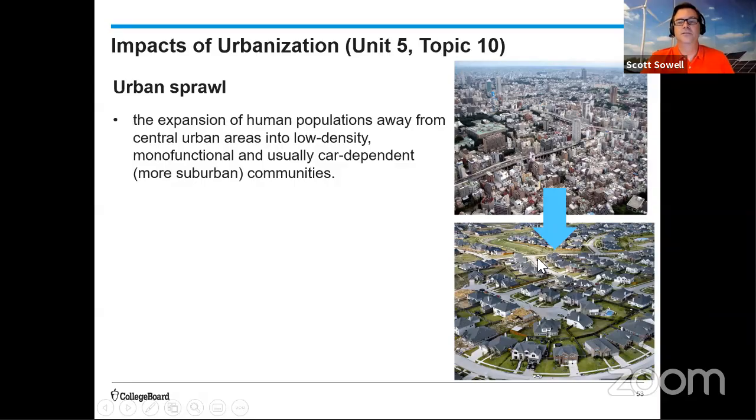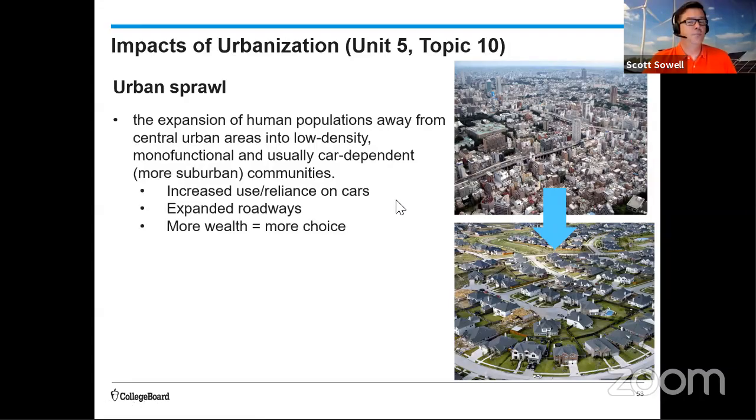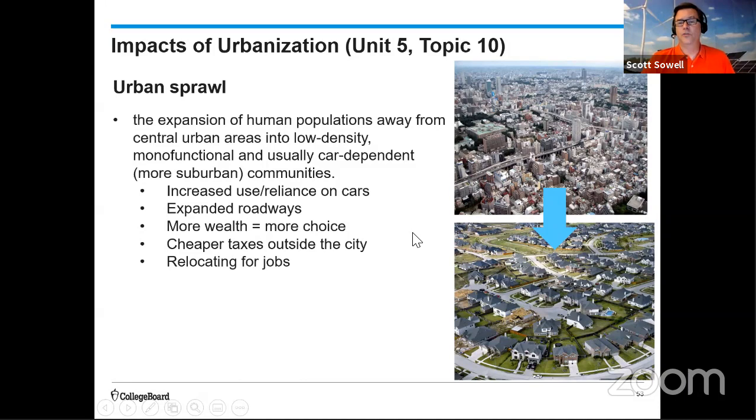So multifunctional, monofunctional. Why is this shift? There's an increased use of cars, so more roads can take us out there. And more wealth equals more choice. So as incomes increase, people have the choice to live elsewhere. There might be cheaper taxes, or you might have better jobs in the suburbs. You may just want a big yard. You want more property.